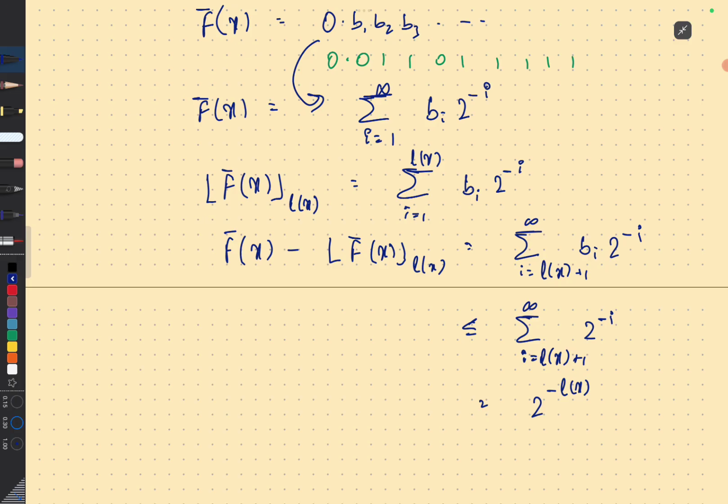If this quantity is less than or equal to f bar of x, but greater than or equal to f bar of x minus 1, in other words, it lies in the interval f bar of x minus 1 up to f bar of x, declare that the symbol is x.